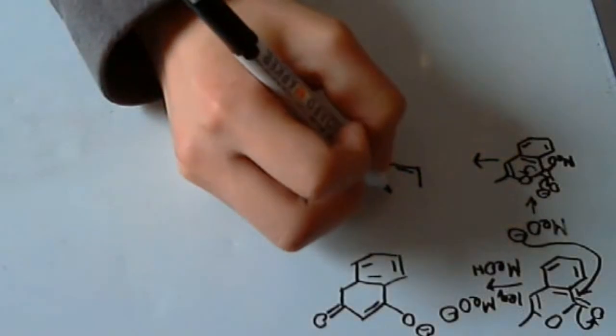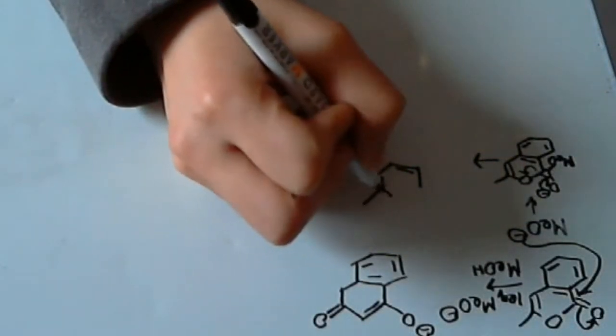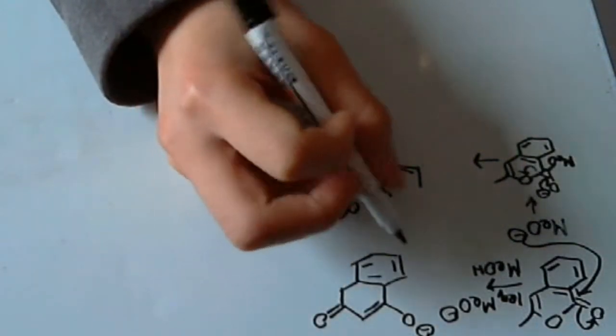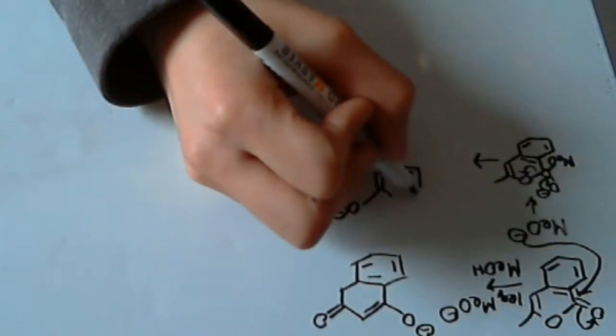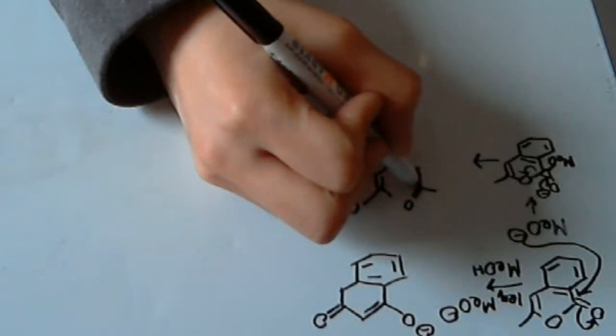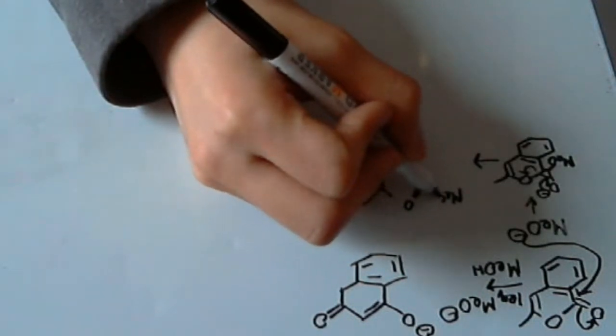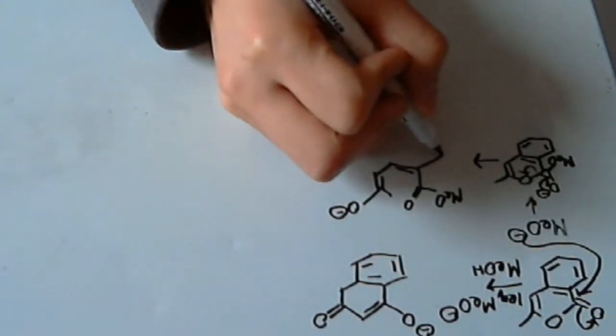Sorry, that should be a double bond right there. Okay, so we'll draw the next structure. The O minus comes out. We form this compound.